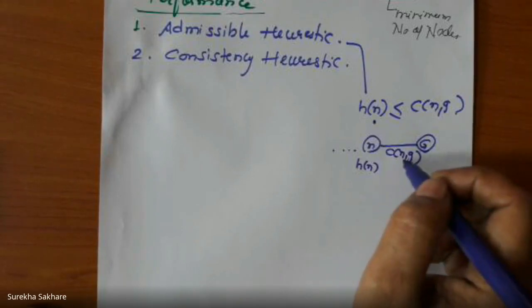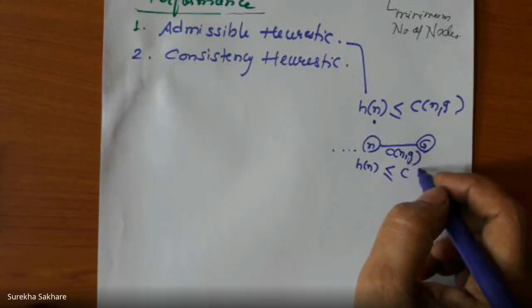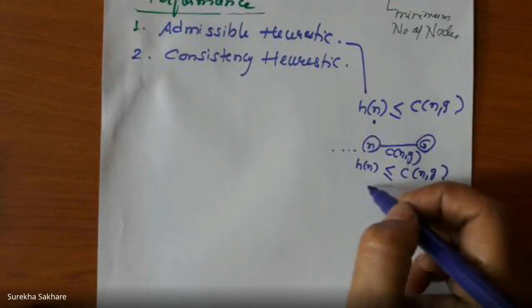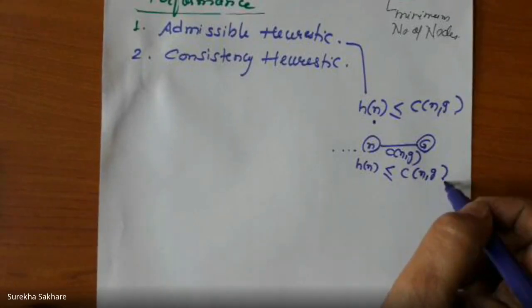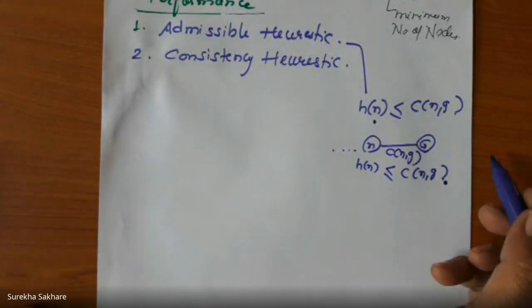If this does not hold, then we are surely not going to get the optimal solutions. And the second condition, we'll go into the depth of this later after defining these things.